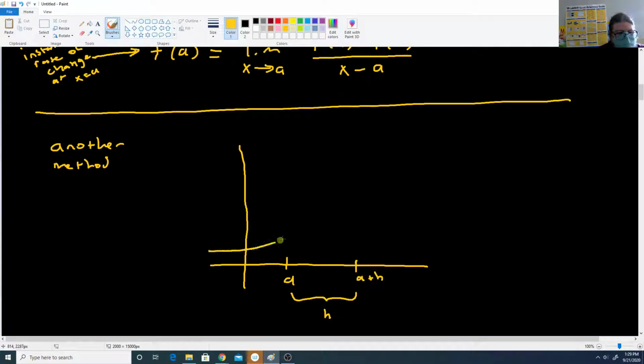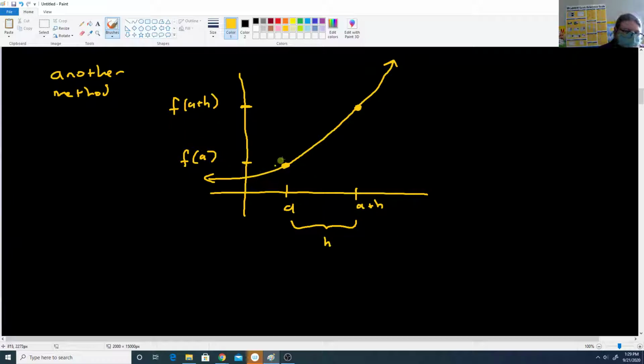So if we have our same type of curve, a is here, a plus h is up here. So a will correspond to f of a, and when we move h units over, a plus h will correspond to f of a plus h.